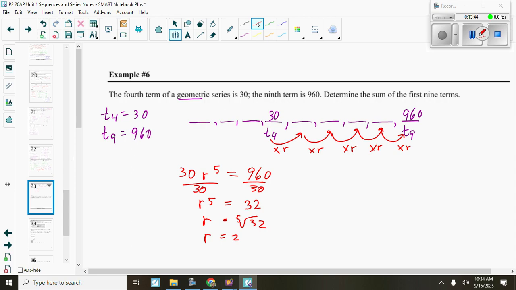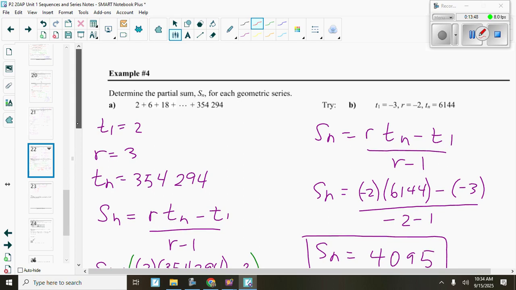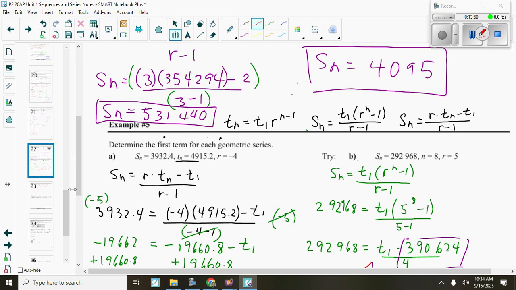So I'm just going to go back to this previous screen real quick to look at our formulas. When I look at the sum of the first 9 terms, I have these 2 choices. Either one that I choose, I need to have term 1. So before I can use one of the sum formulas, I do have to solve for term 1.